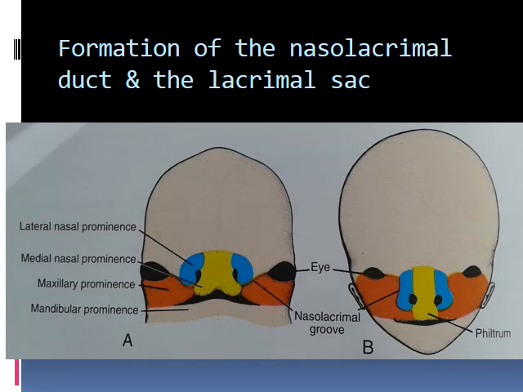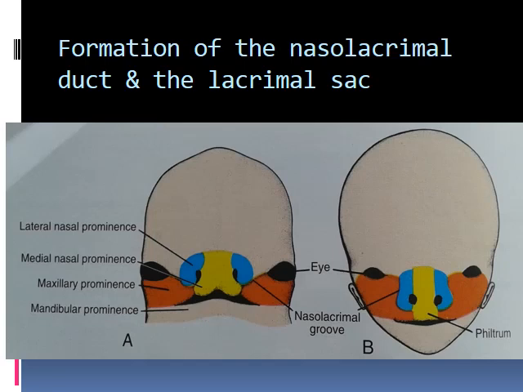cord, and this cord then buries itself into the substance of the frontonasal prominence, and later on it gets canalized to form the nasolacrimal duct. The upper end of the nasolacrimal duct enlarges to form the nasolacrimal sac, or lacrimal sac it is called.